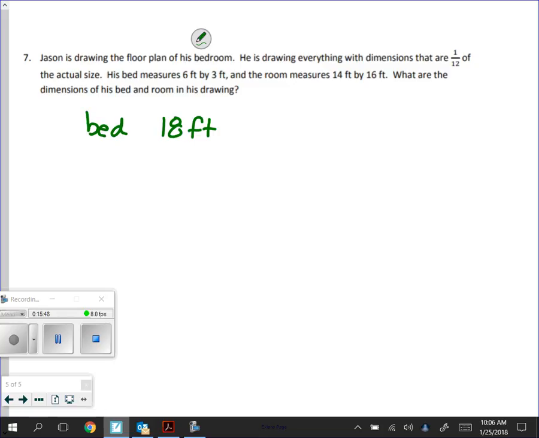So if they're doing his drawing, it's 1/12. Because we have 6 times 3. That's when you're doing this by, means that you're going to multiply. That's not a 5th grade skill. That's an old skill. That's probably what, 4th grade? That's way old. Length times width. So if it's 1/12, 1/12 of 18.